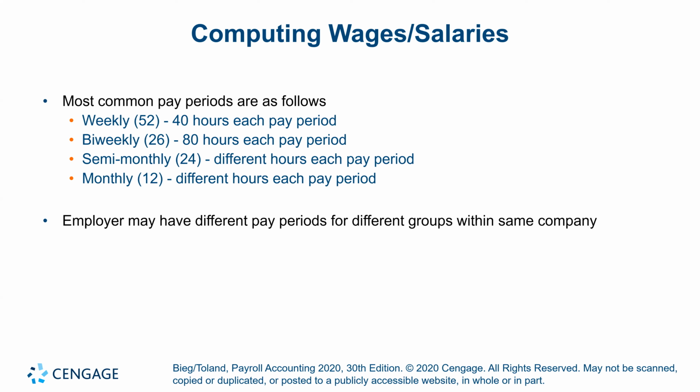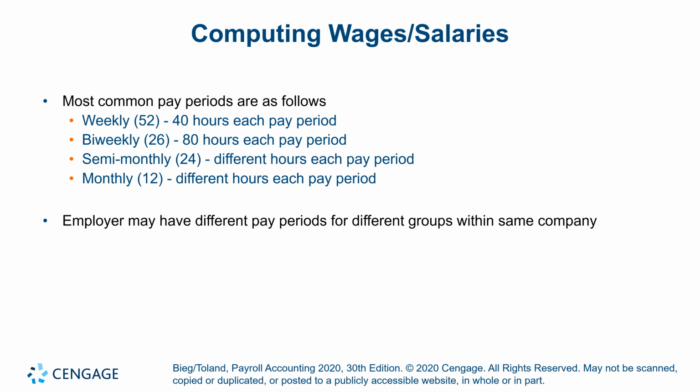On semi-monthly, usually you get paid on the 15th and the 30th of the month, or the 15th and the 31st, or on the 1st and the 15th, right? It's something like that, where it's just twice a month.